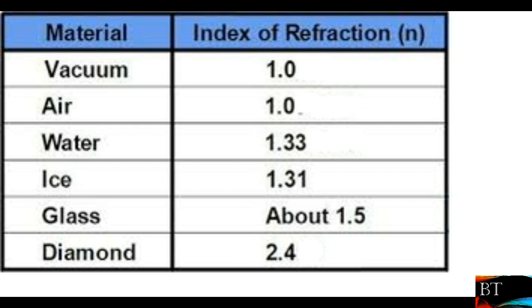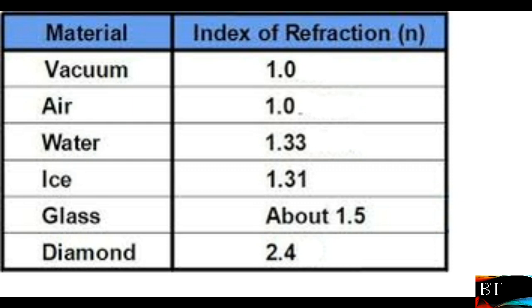The absolute refractive index gives a clear idea about the speed of light. For example, the absolute refractive index of diamond is 2.4, which means that light travels 2.4 times faster in air than in diamond.